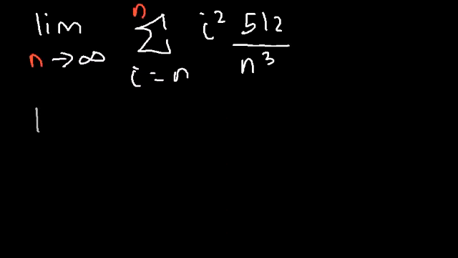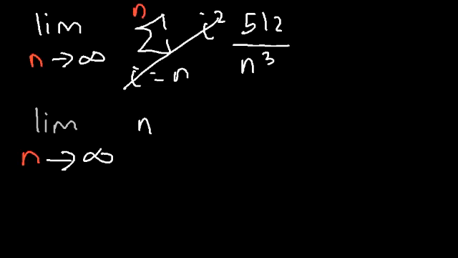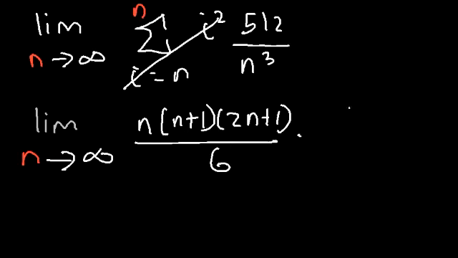So what we now have is the limit as n approaches infinity. So this is gone. And it's going to be n plus 1 times 2n plus 1 divided by 6 times 512 over n cubed. 512 and 6 are divisible by 2.